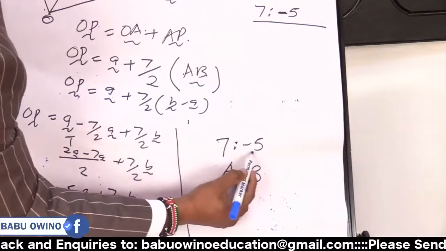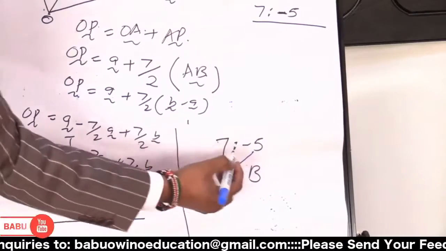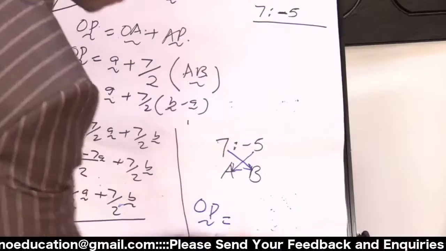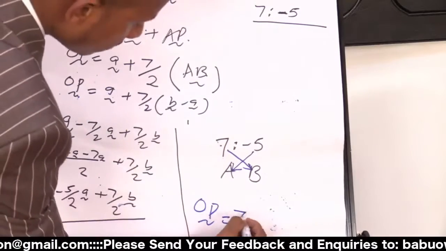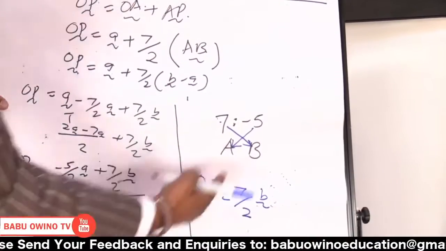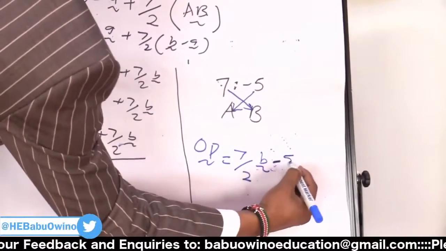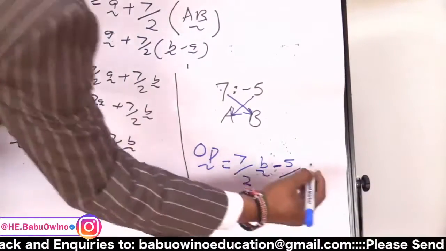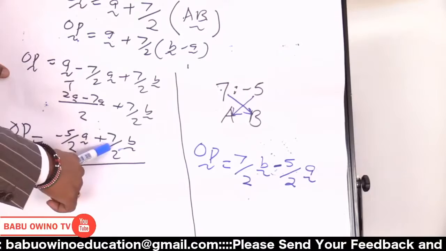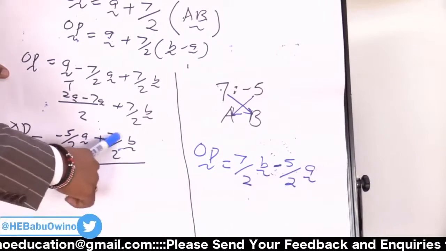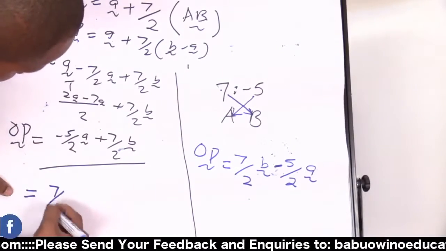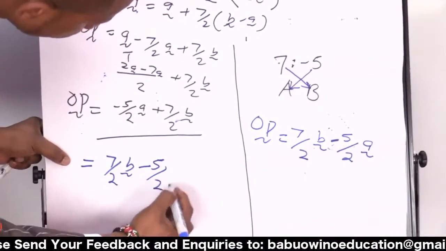This takes A and this takes B. So OP equals, when you start with this, 7 over the total ratio 2 of B. Then you come to this, you take it with its sign, minus 5 over the total ratio 2 of A. This is the same as 7 over 2B minus 5 over 2A.